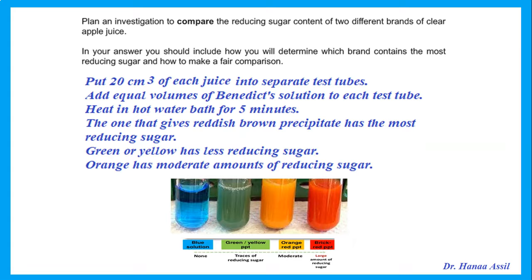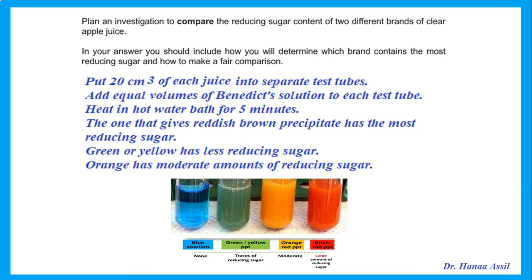Heat in a hot water bath for the same time, for 5 minutes, for example. And then he wants to know which has more sugar. You should know that the one that gives a reddish brown precipitate has the most reducing sugar. The one that gives green or yellow has less reducing sugar, and the one that has orange has a moderate amount of reducing sugar.